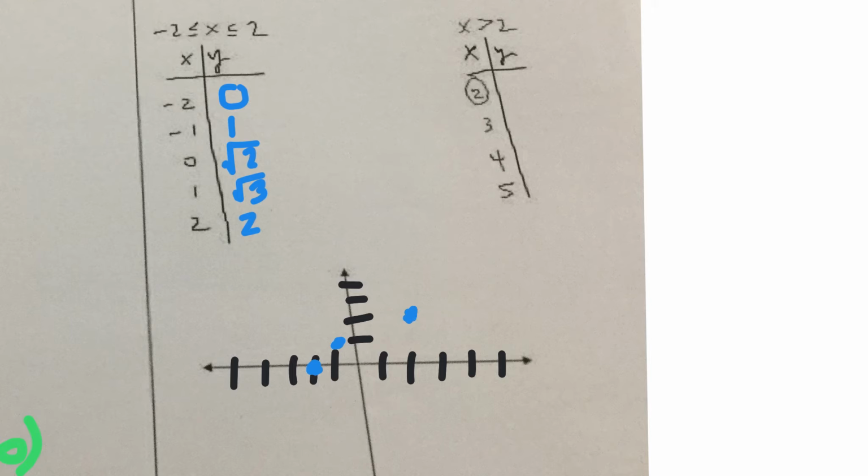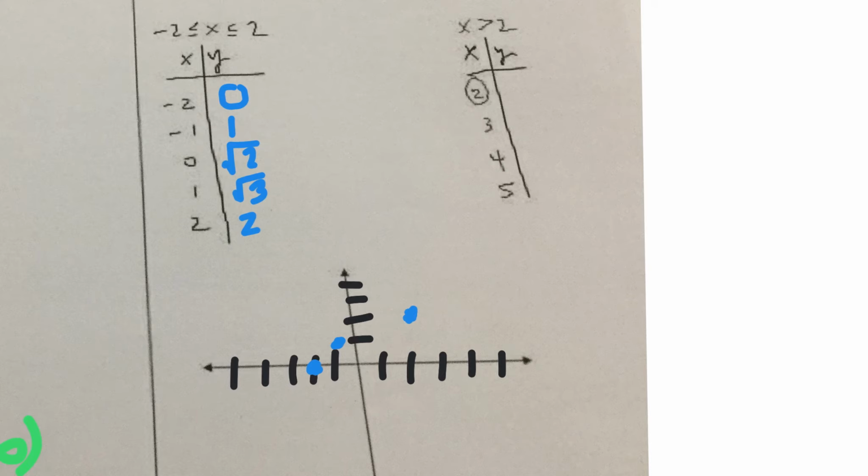Now just double check. Negative 2, 0. Should that point be included, a closed circle, or excluded, an open circle? Well, x can be greater than or equal to negative 2, so that point should be included, closed. And then same idea at 2, less than or equal to 2, so this point should also be included, a closed circle. And so we'll see that graph has that general square root shape.